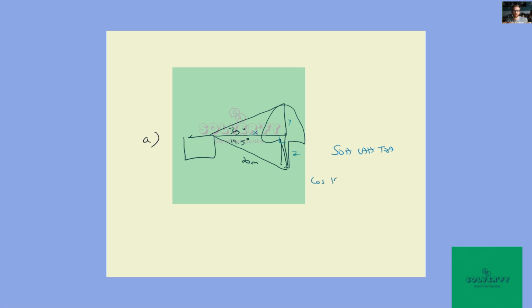So we can say the cosine of 19.5 degrees is equal to x over 20. And so 20 cosine 19.5 is the horizontal distance. That's about 18.85 meters.